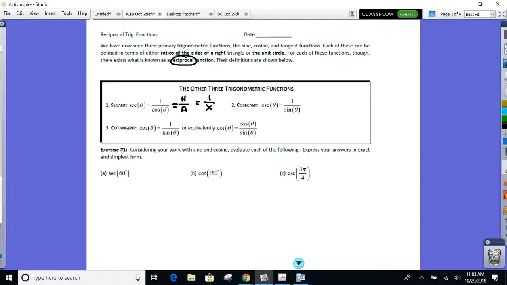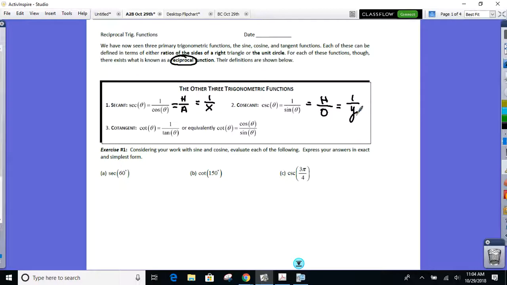Opposite over hypotenuse. Flip it: hypotenuse over opposite. What coordinate on the unit circle do I look at for sine? The y coordinate, so I'm going to flip that, and cosecant will be 1 over y.